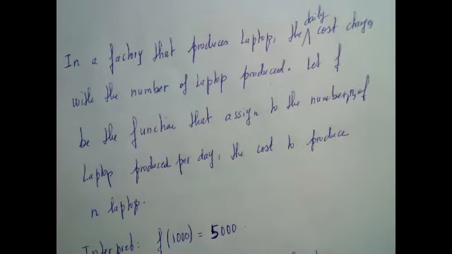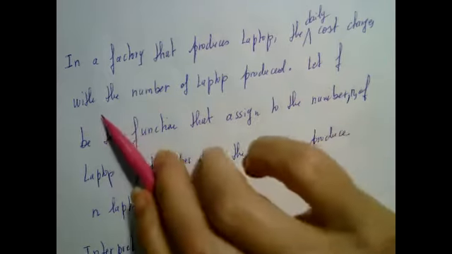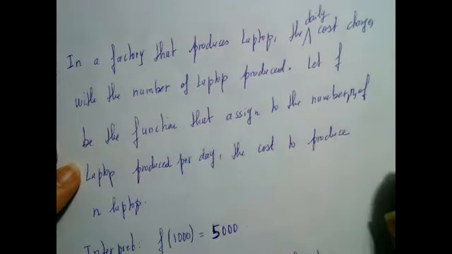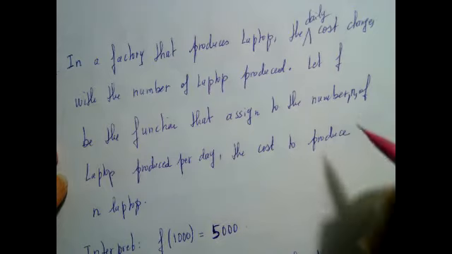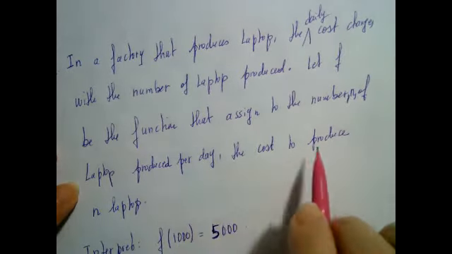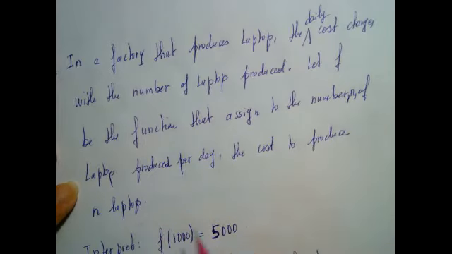It makes sense. How much it costs the company to produce them changes with the number of laptops produced. Let f be the function that assigns to the number n of laptops produced the cost to produce those n laptops.